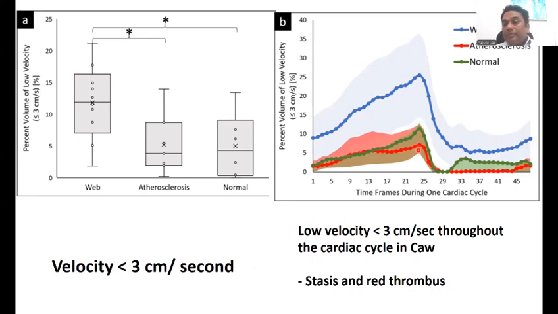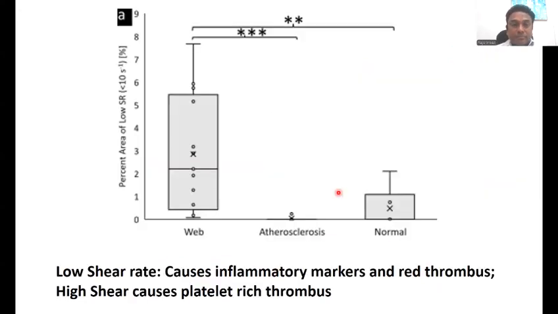However, in normal and atherosclerotic patients, in the cardiac cycle, there is a period where the velocity jet is much higher. This allows for clearance of debris. However, in carotid web patients, as the low velocity jet persists throughout the cycle, we are unable to clear this thrombi. And this causes what is called a red thrombus.